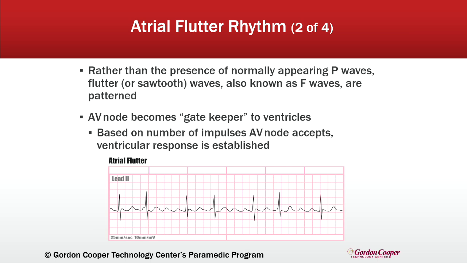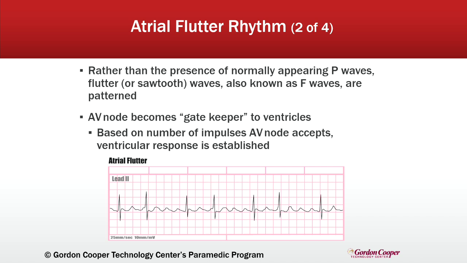Now in atrial flutter, instead of the normal P waves, we'll see flutter waves, also known as F waves. These waves have a sawtooth or picket fence pattern, and these F waves are the result of rapid repetitive impulses being sent out by that irritable site in the atria. Now, we mentioned that the AV node acts as a gatekeeper to the ventricles, so it decides how many of the fast atrial impulses will get through to the ventricles.